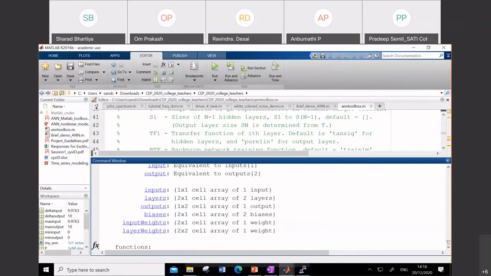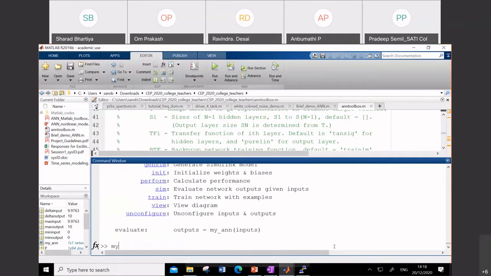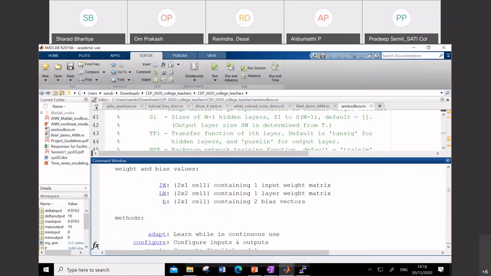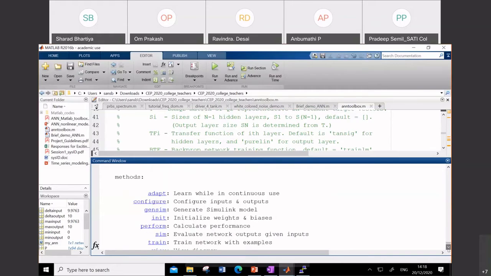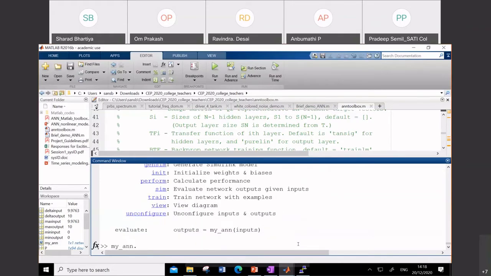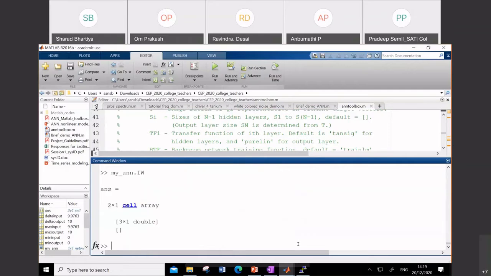So my ANN dot, so weights and bias over here are in IW for the initial weights, LW for the layer weights, and so on. And you can see that these are the values.